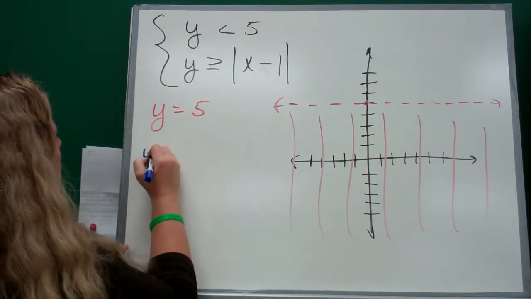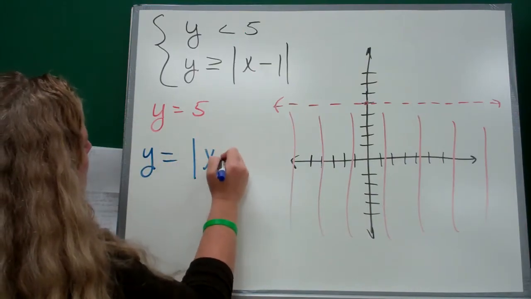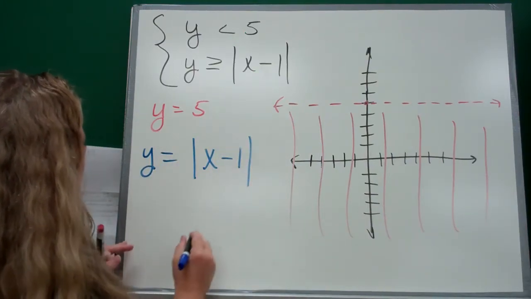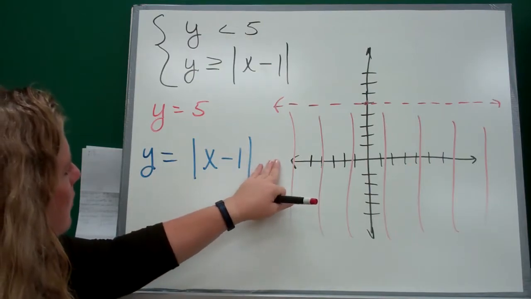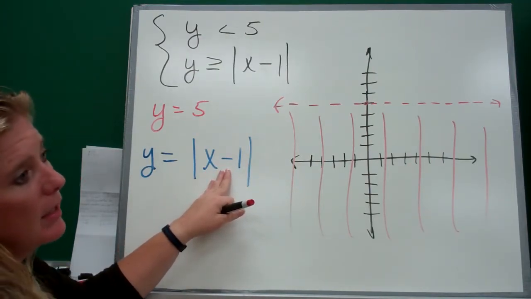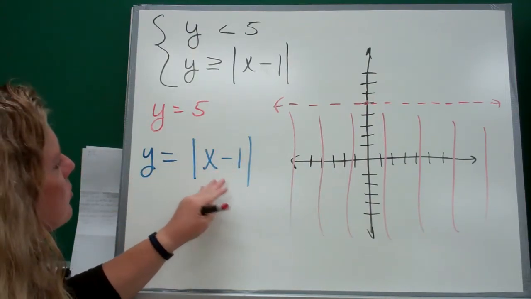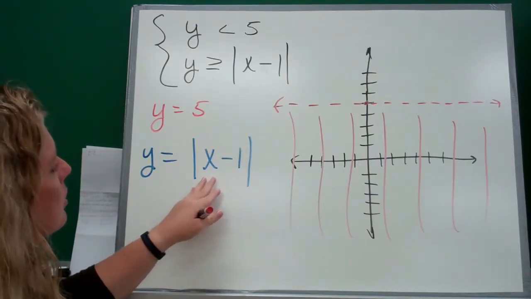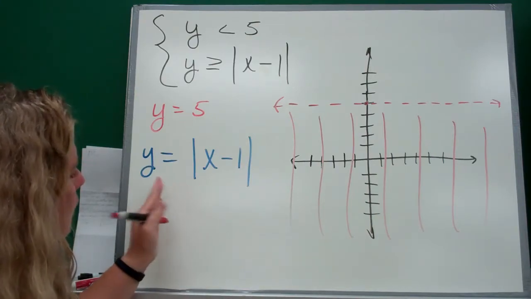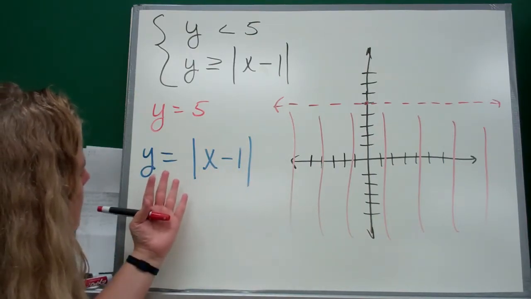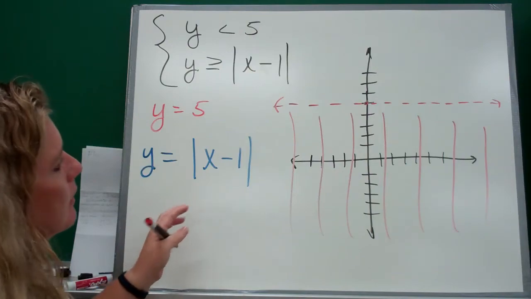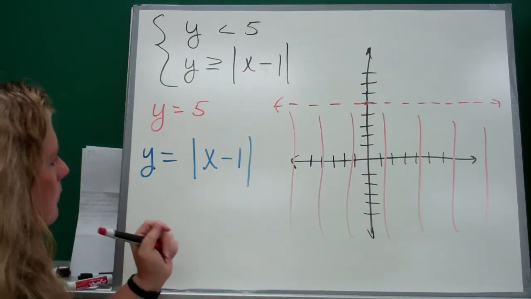the next one is y equals the absolute value of x minus 1. Okay, remember, there's nothing being added, and this one is a horizontal change. Anything happening inside the absolute value is a horizontal change, and it's either going to shift it left or right. It could flip it over the y-axis, or it could stretch it or shrink it.